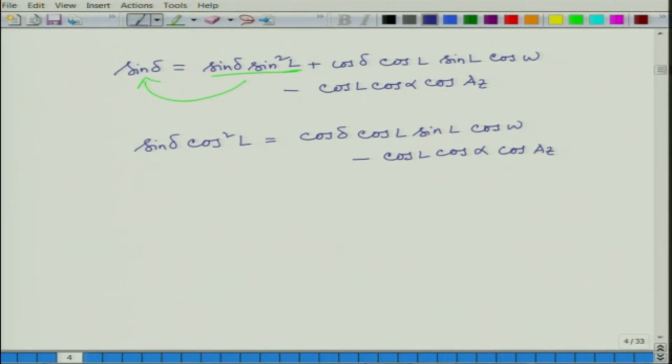So, now what we can write is, you can see that cos of latitude is common to all three terms. So, we can just get rid of that. Cos of L is common, we can cancel that and rearrange the terms.